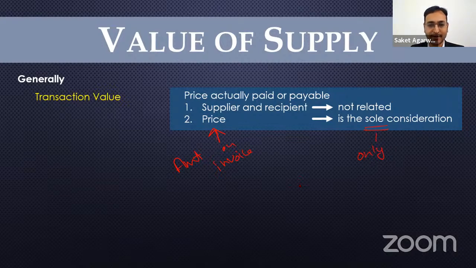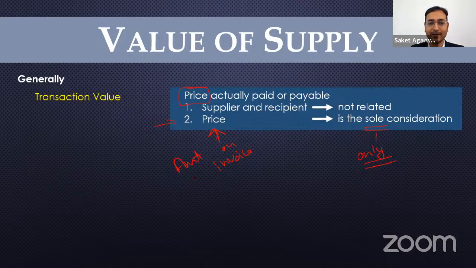Meaning, our second example, where instead of a laptop, when selling a laptop, the buyer gave money and an old phone, that is not covered here. Why? Because the money that the buyer paid was not the only consideration. There was also a phone being received from the buyer. That means in our second example, we cannot go for the price when computing GST.